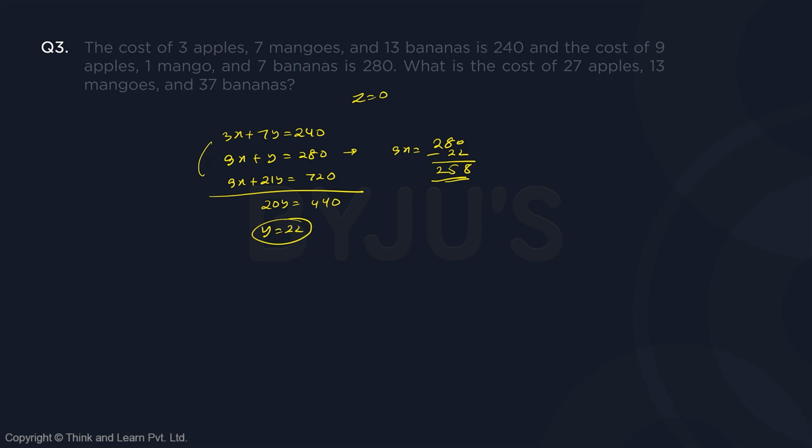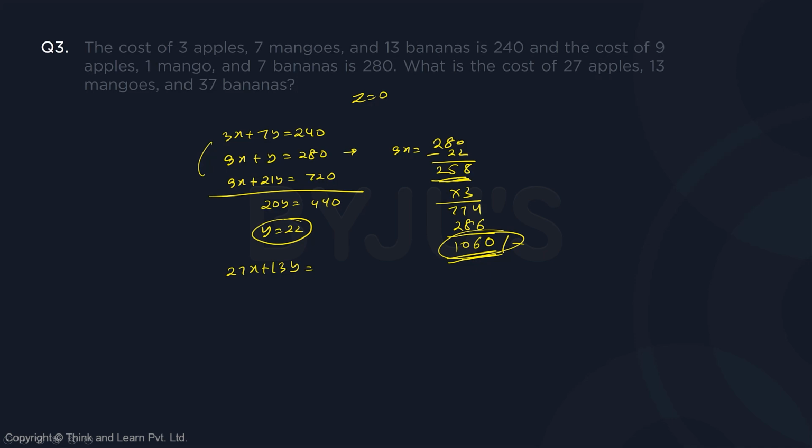I need to find the value of 27x plus 13y. Just put it here. 27x means 3 times this, so 3 into 258 gives you 774. 13y will be 13 into 22, which is 286. That gives you 1060.